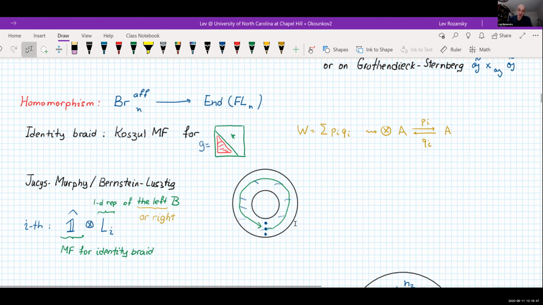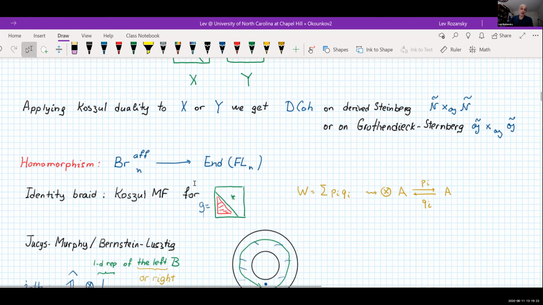So you put the points of the braid, you arrange them radially, as in this picture, and then you take one of these points and move it along its own circle around the hole. And that's the element in the affine braid. It has a very simple representation. You take the identity braid that we just described, and you tensor multiply it by one-dimensional representation of the left Borel or the right Borel equivariance groups.